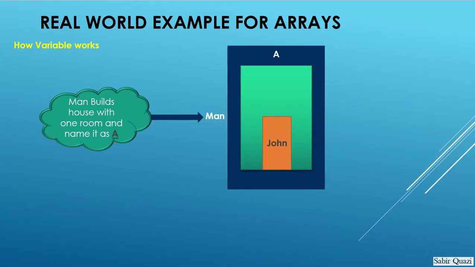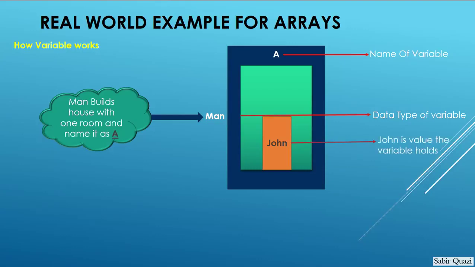Now similarly, like this A, we can call it the name of the variable. Man, we can relate it as the data type of the variable, and John is the value of the variable. So we can say this is a complete variable, and if we want to access, then we can say man A is equal to John.